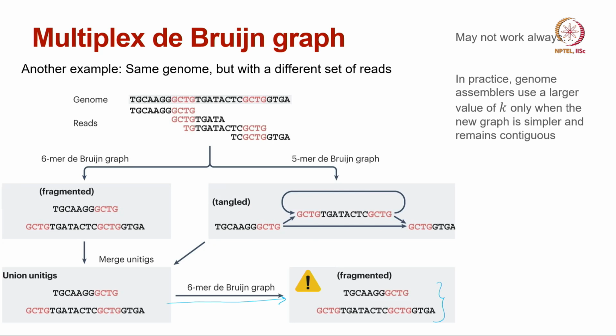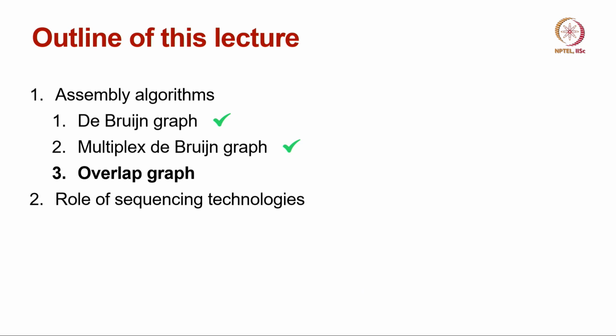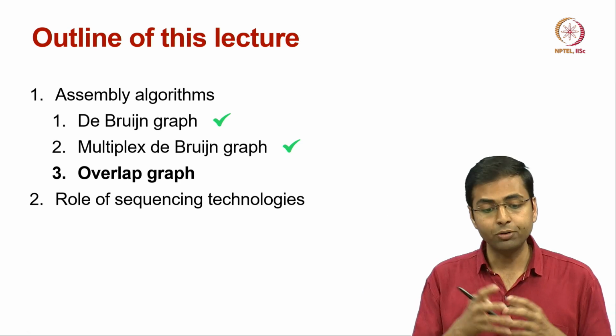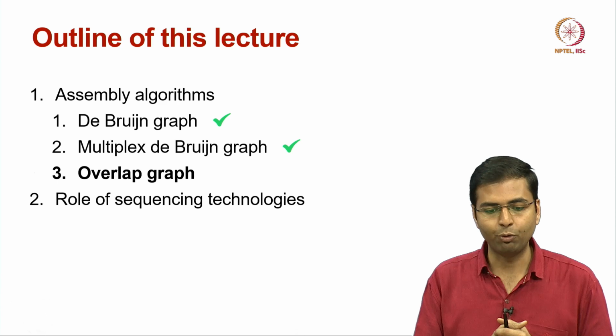So, this is a heuristic that is selectively applied based on the data set we have, and the assemblers will continue to increase the value of k only up to a point where the new graph is simpler and remains contiguous. This is a simple technique that is commonly used, and I wanted to cover it because some of the recent long read assemblers also use this concept of multiplex De Bruijn graphs.